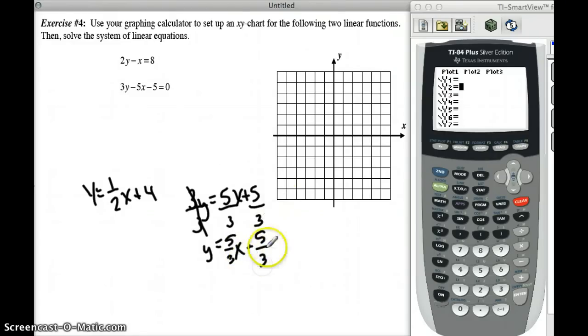And we could graph this, but a y-intercept of 5/3, I don't know, just doesn't look like something I want to do.